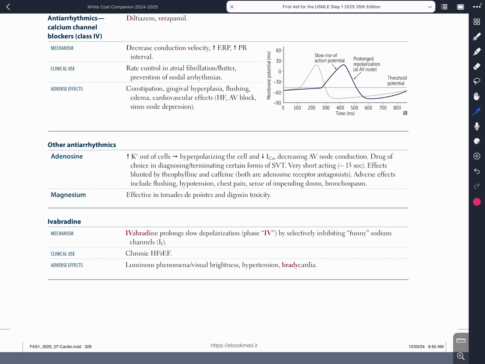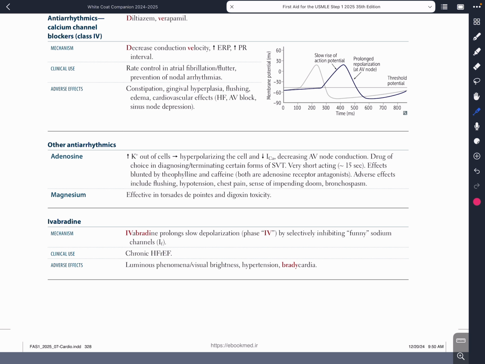Its mechanism of action is that it pushes potassium out of the cells, which hyperpolarizes the cell and decreases intracellular calcium. It decreases AV node conduction. It's the drug of choice in diagnosing and terminating certain forms of SVT.